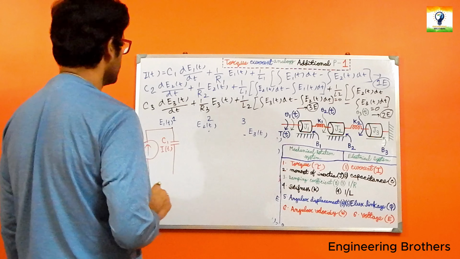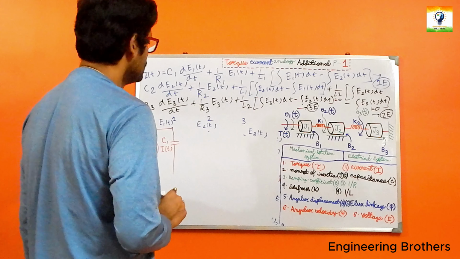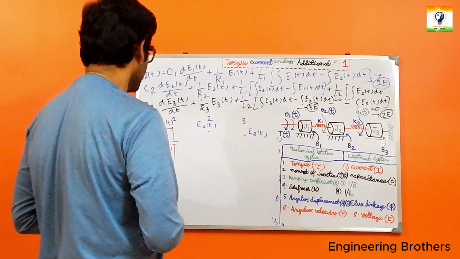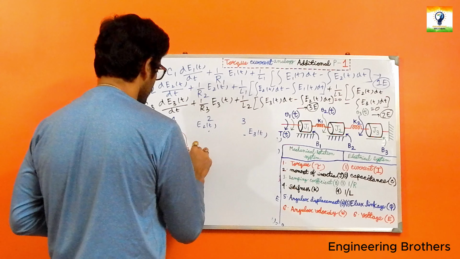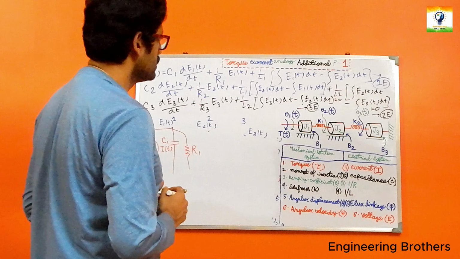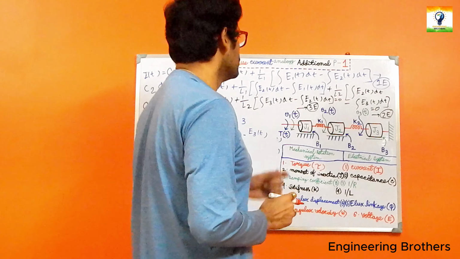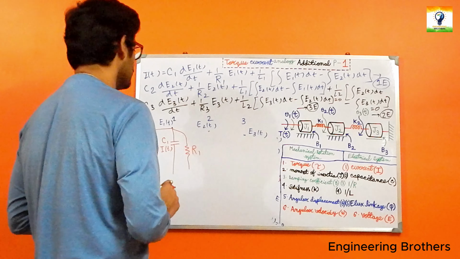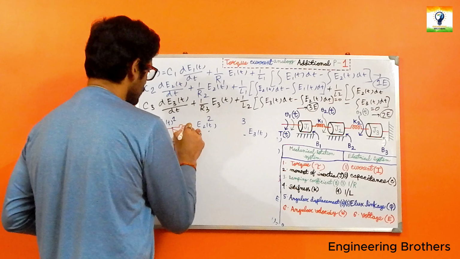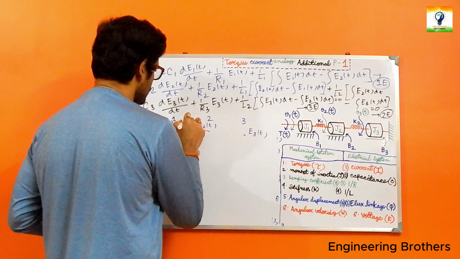Another resistor is placed over here, so I am going to include a resistor R1, and in between our two voltages U1 and E2(t) the inductor L1 is placed. So let us include our inductor. So this is our L1.